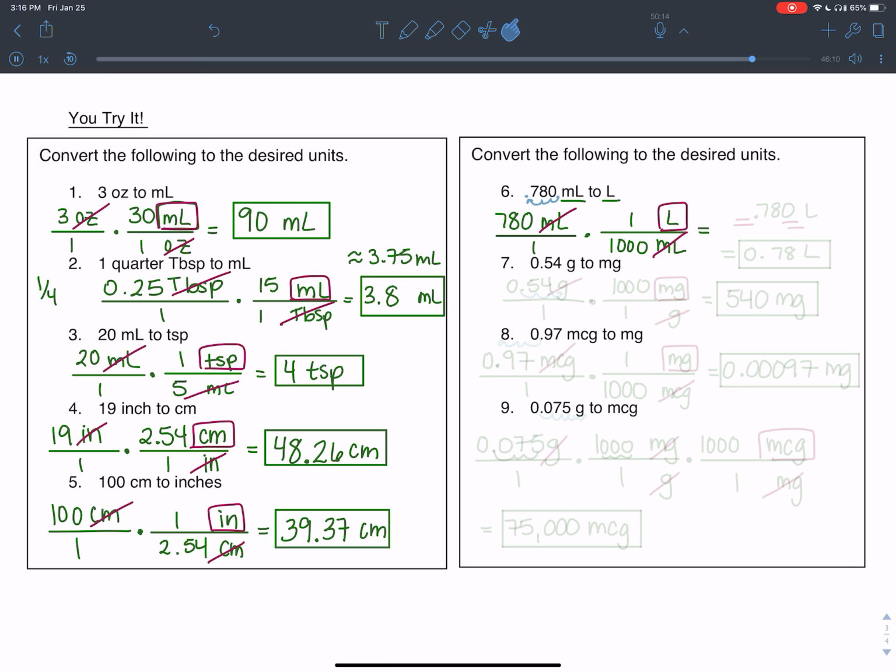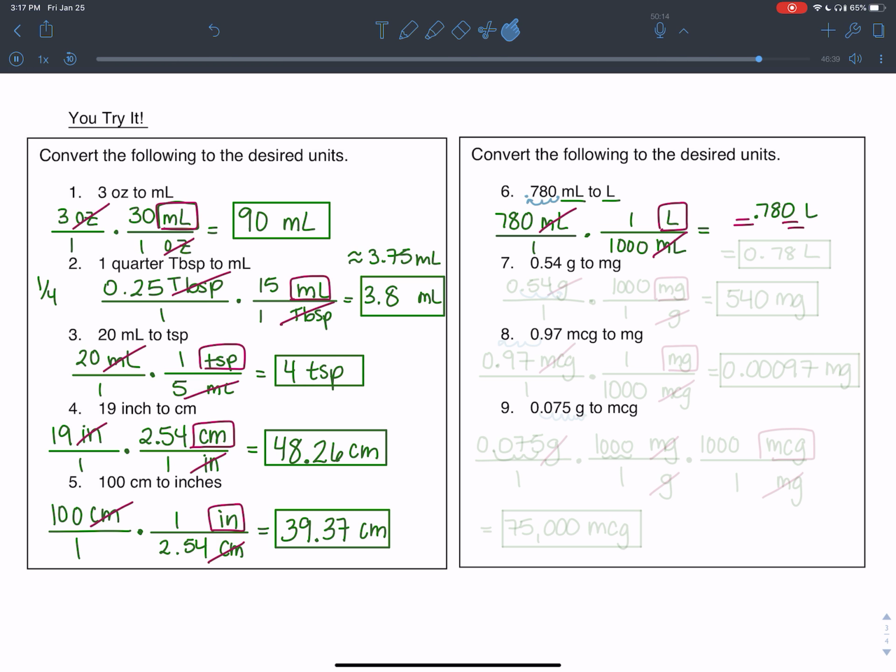So I got 780, and I should put the decimal right here, but there's issues. So this is liters, right? There's a trailing 0 here I need to get rid of, and there's no leading 0 in front. So technically I should write this as 0.78 liters.